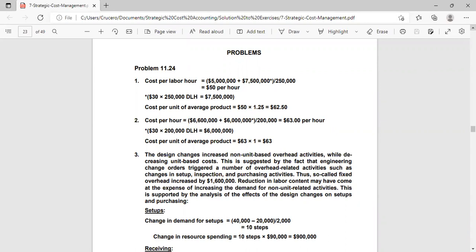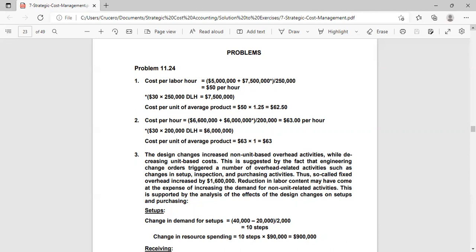After 1 year of design changes, the normal volume direct labor was reduced from 250,000 hours to 200,000 hours with the same number of products being produced. Although each product differs in its labor content, the redesign efforts reduce the labor content for all products.